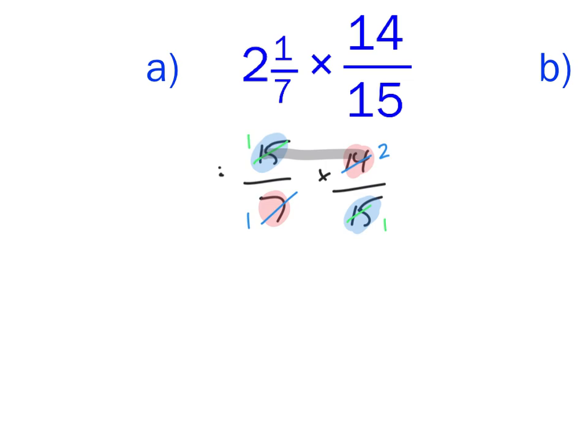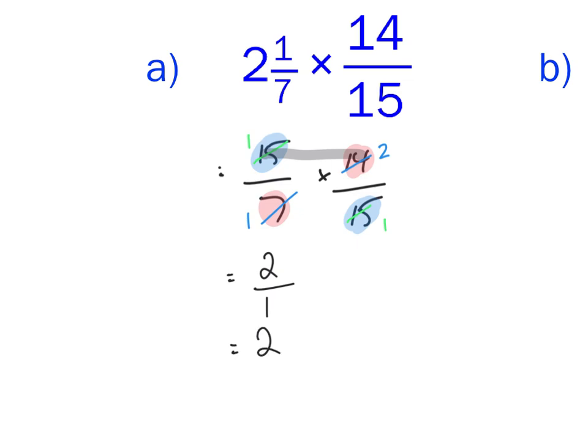So 1 times 2 is 2, and 1 times 1 is 1. And because we end up with a 1 on the bottom, 2 divided by 1, Caden, is? 2 divided by 1 is? You have it written down on your paper. 2. Very good.